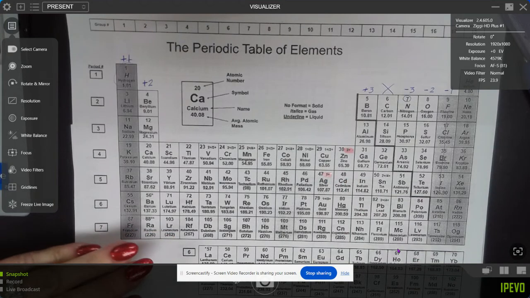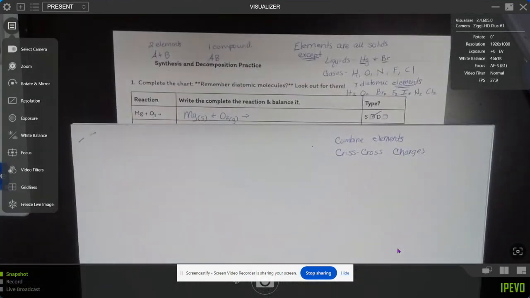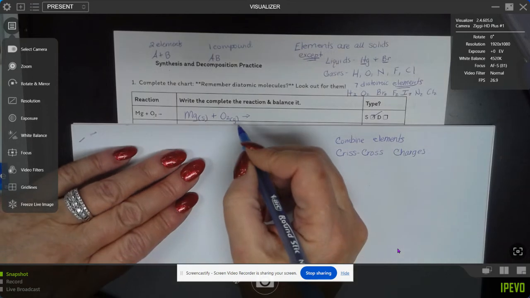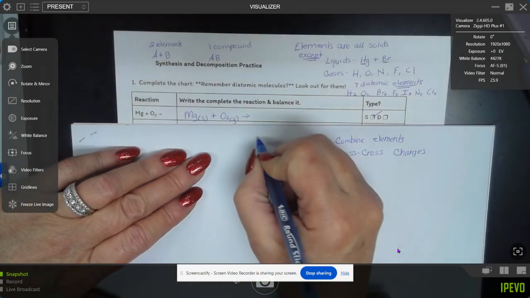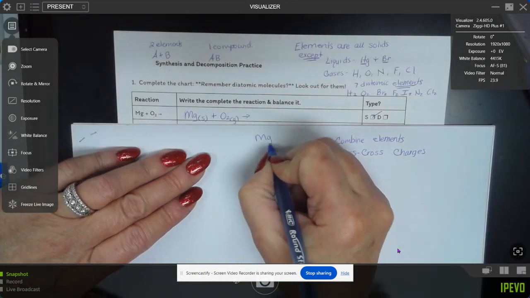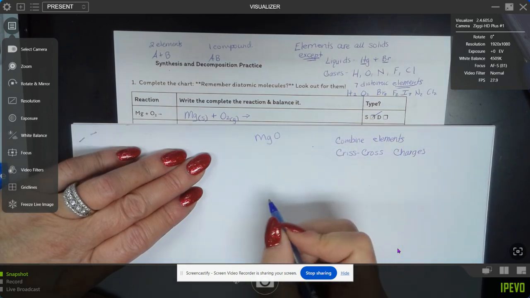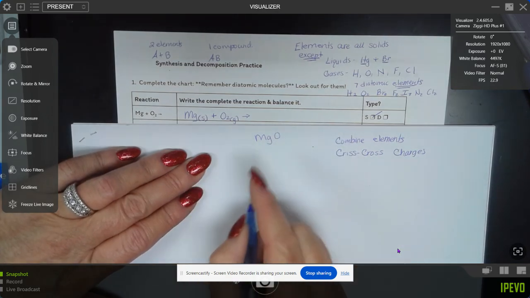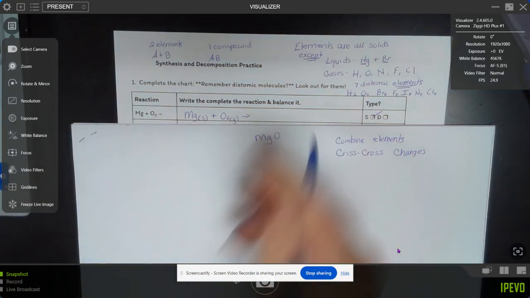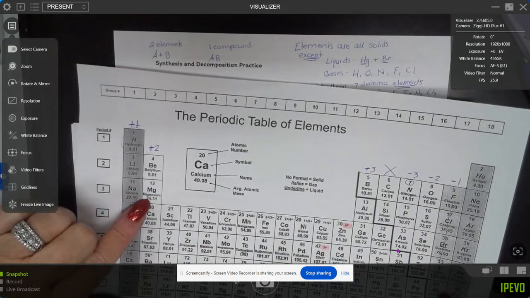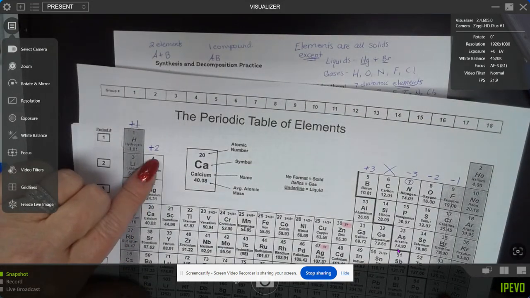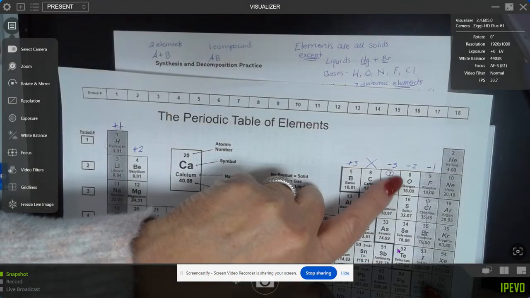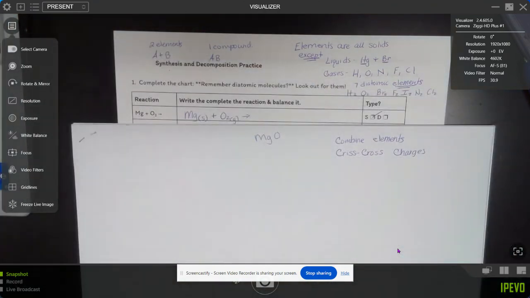So let's look at what this means. If we have magnesium and oxygen, my compound is going to be MgO. I can't just stop there. I have to look at my periodic table. Magnesium has a +2 ion. Oxygen right here has a -2 ion.